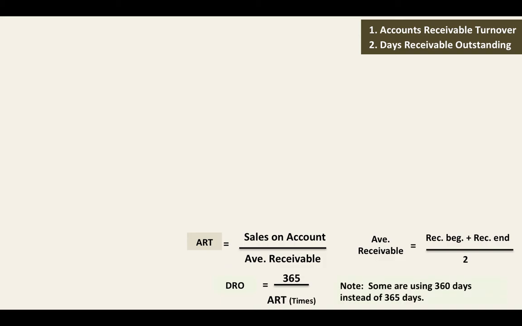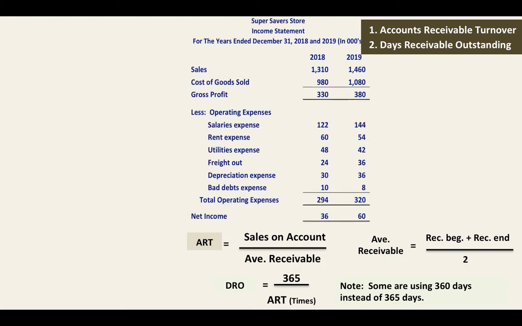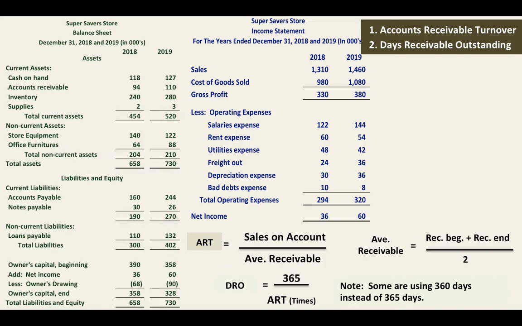As we have discussed, some are using 360 days instead of 365. So class, since we will be needing sales, we will be needing the income statement, and since we will be needing receivable in the formula, we will have to look at the balance sheet or the statement of financial position. So let us compute the accounts receivable turnover for 2018.